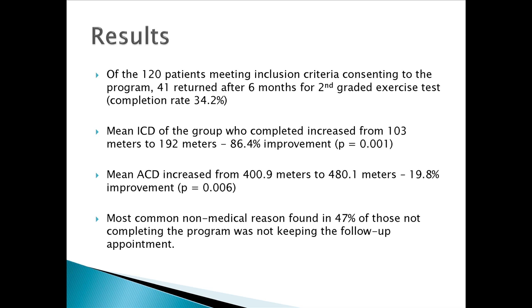The mean intermittent claudication distance of the group who completed increased from 103 meters to 192 meters, an 86.4% improvement, with a p of 0.001. The mean absolute claudication distance increased from 400.9 meters to 480.1 meters, which was a 19.8% improvement at a p of 0.006.